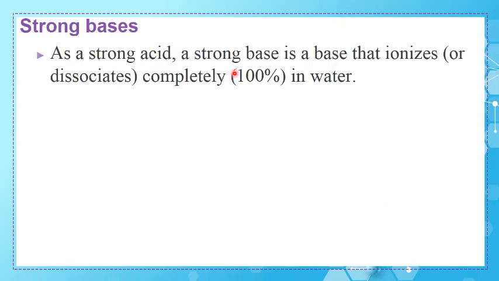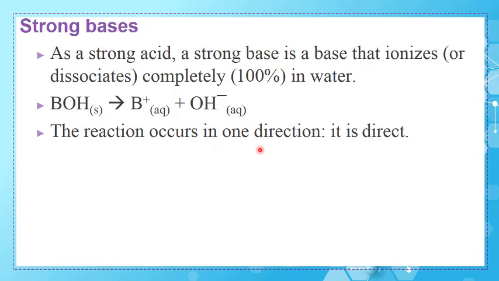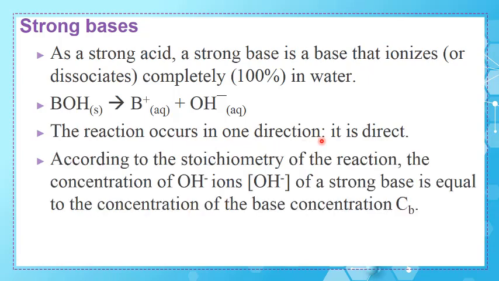What about now a strong base? As with an acid, a strong base also ionizes or dissociates completely in water, and you know well how to write the equation of dissociation of a strong base. Now, the reaction occurs in one direction. It means it is direct, it is not reversible.